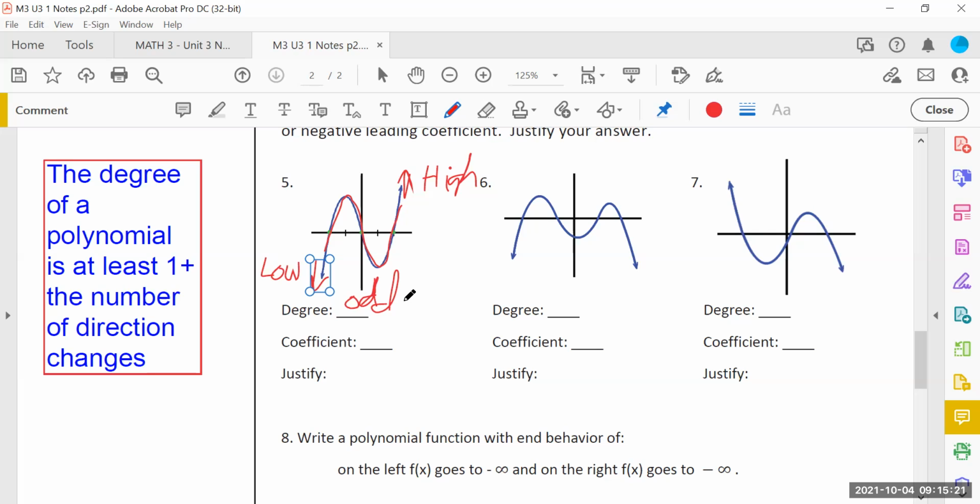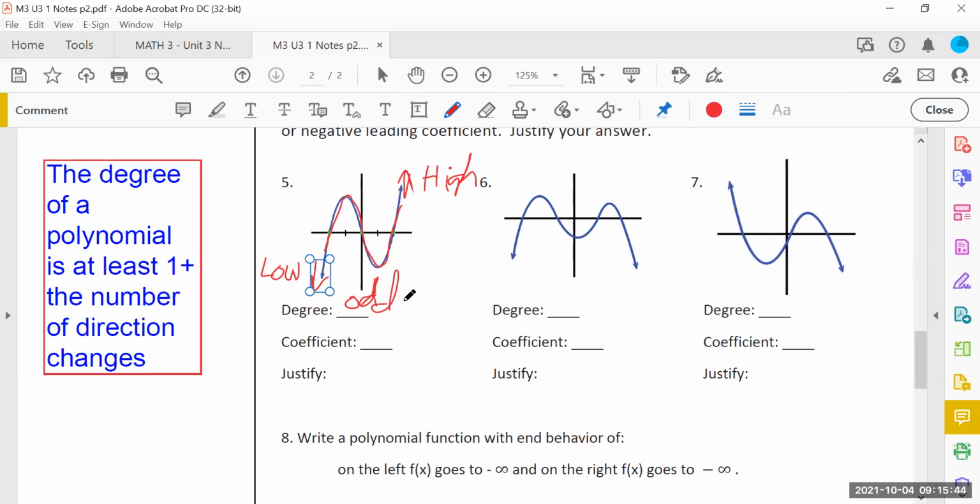Now, the coefficient. We already decided that it's odd degree. If it's low, high, is the coefficient positive or negative? Positive. Again, think of either a straight line or here's another trick. Guys, if it ends high, it's always positive.